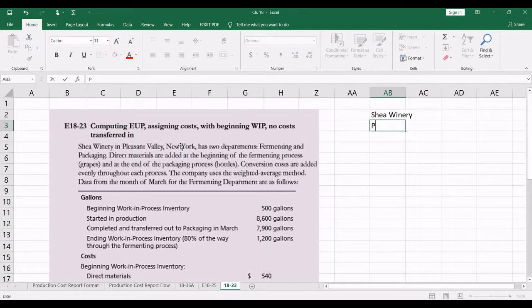This is a production cost report - fermenting department. Don't worry about the formatting for now, we'll fix that.